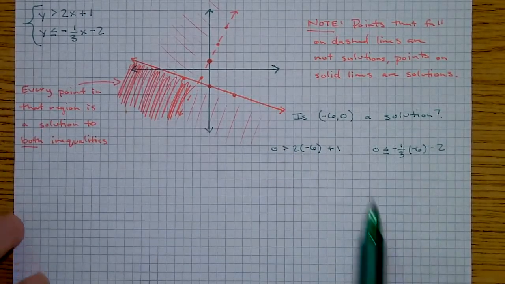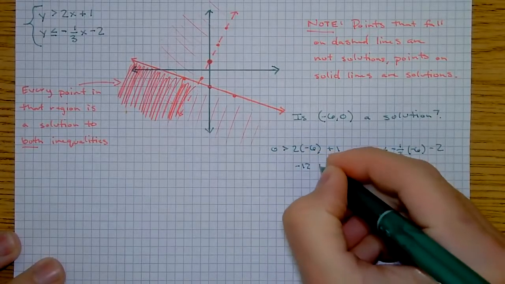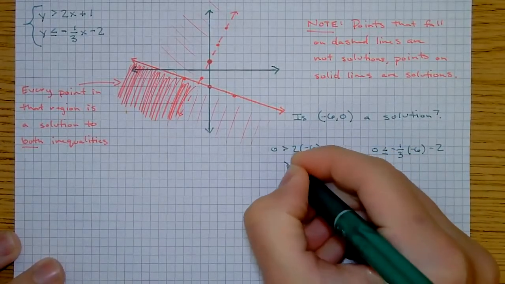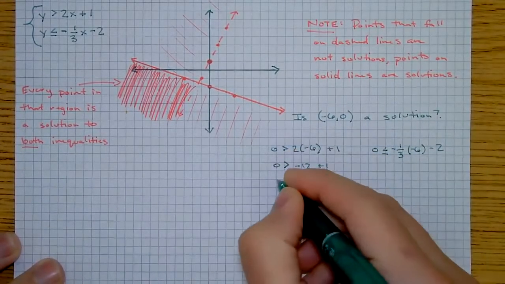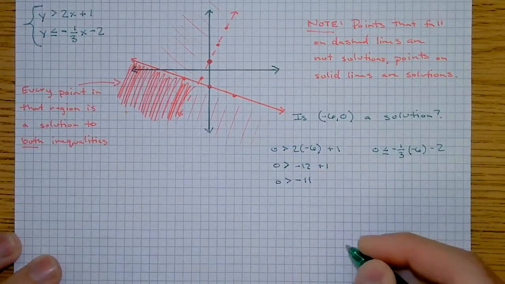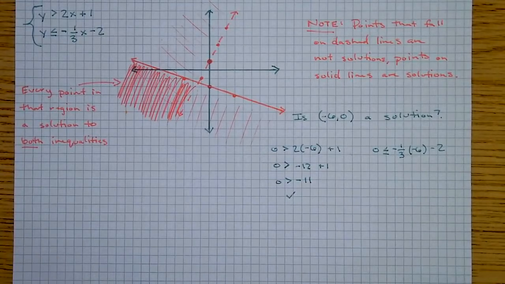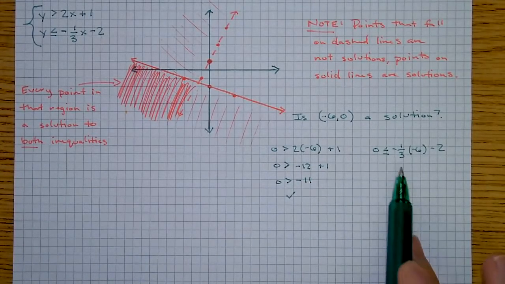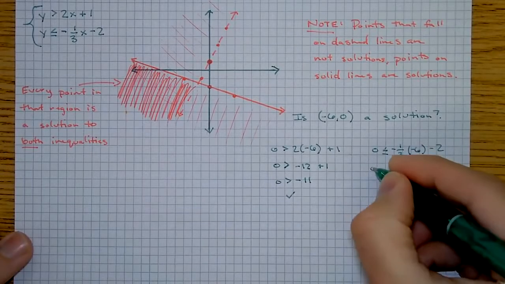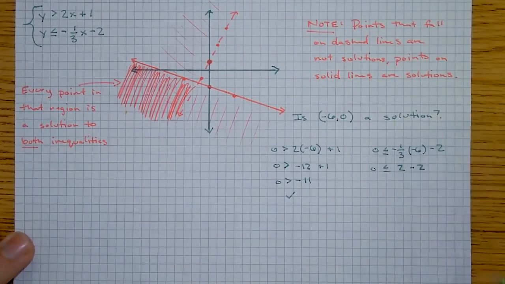We're back. 2 times -6 is -12 plus 1, so we get 0 is greater than -11. That checks out. -1/3 times -6 is +2, and 2 minus 2 is 0.